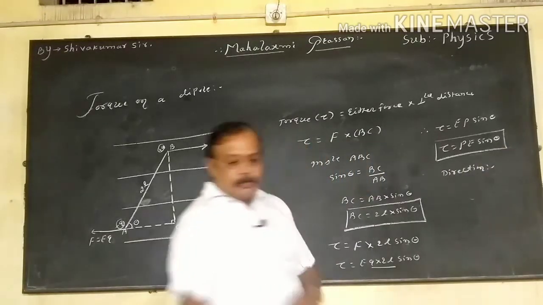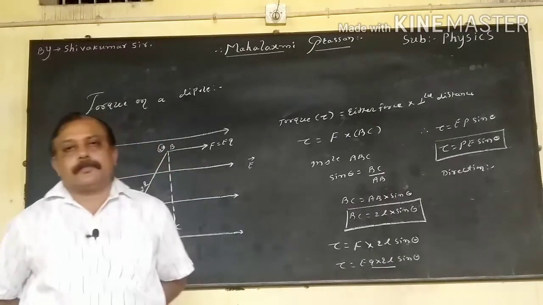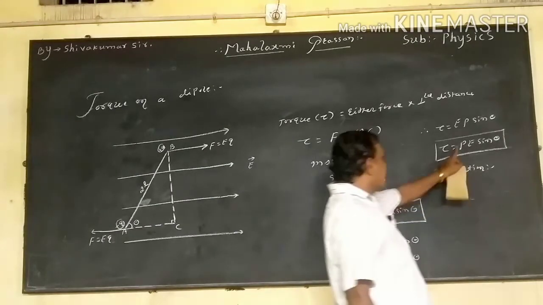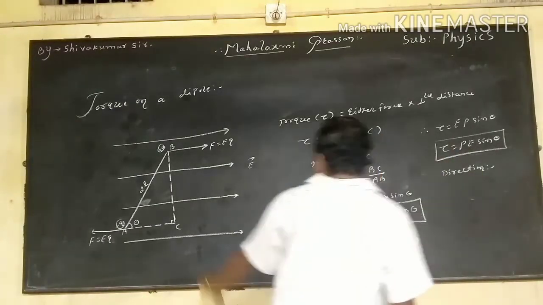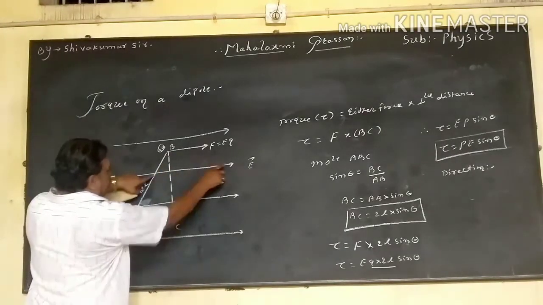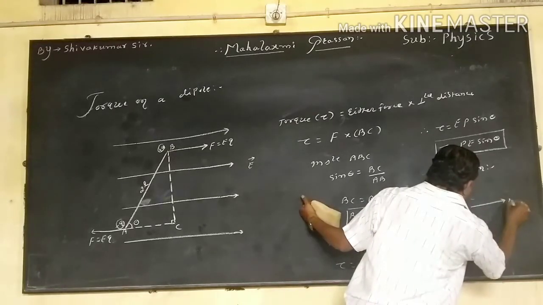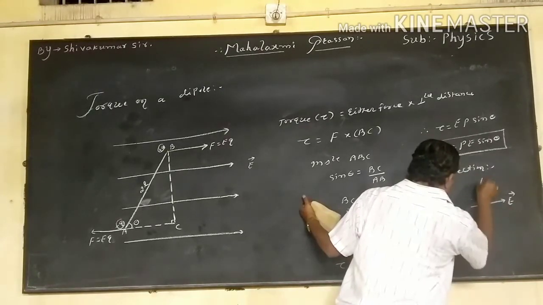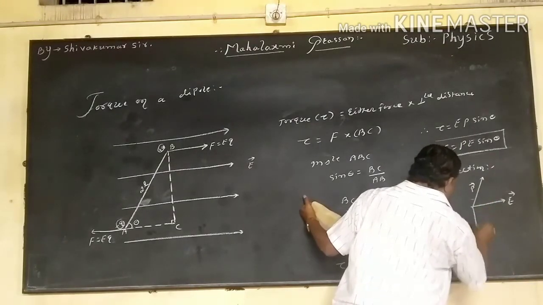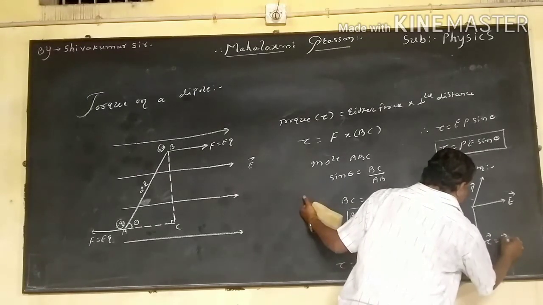The direction of the torque is given by the right-handed corkscrew rule, and it is perpendicular to both the vectors P and E. So here is P. Now this is the dipole moment P. Now this is E, the uniform electric field, and this is the dipole. Wherever there is a dipole, there is a dipole moment P. Now this is what? Torque tau.